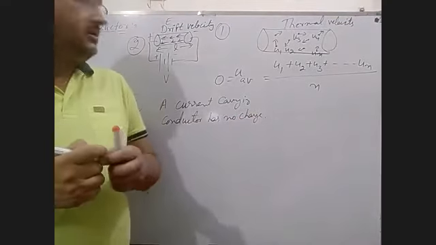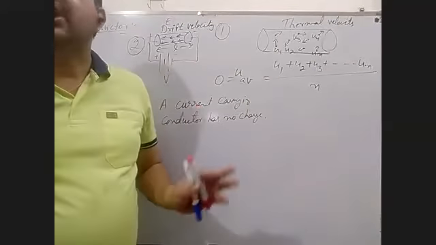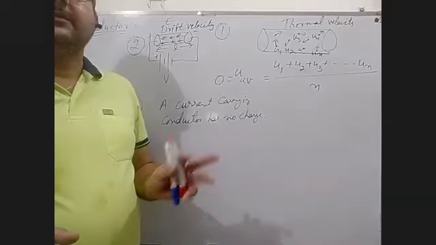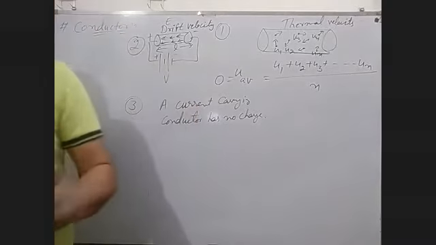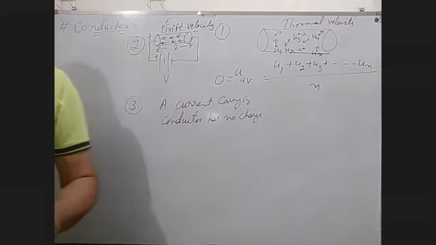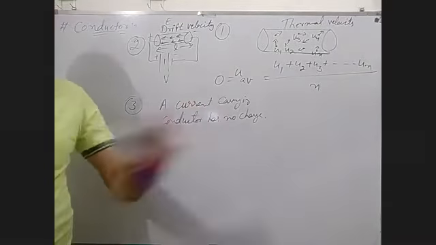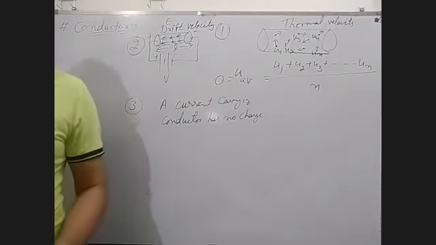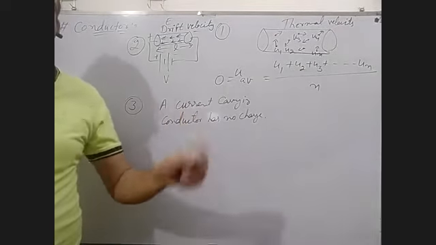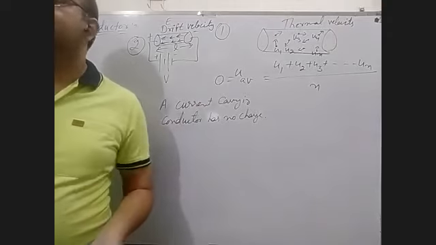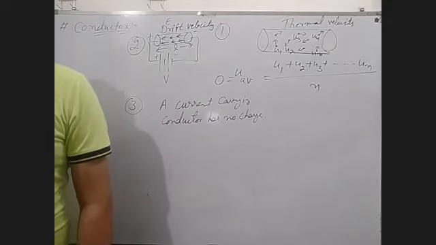If a current flows in a conductor, then there is no charge on the conductor, because the positive and negative charges are both equal. That's the reason a current carrying conductor has no charge. If current is not there, and there is some attraction and repulsion by the body, then you can say this body is charged.